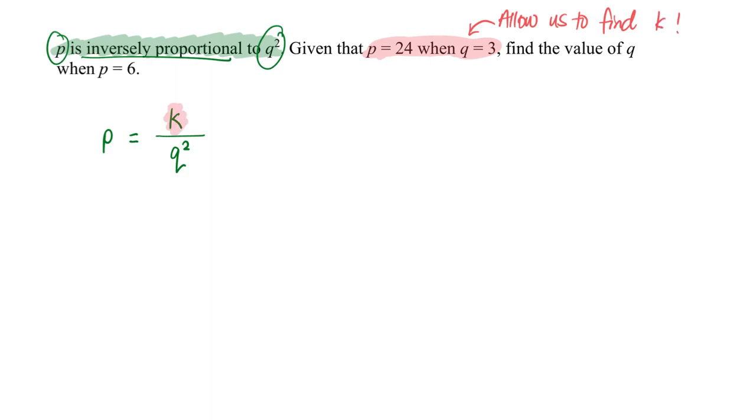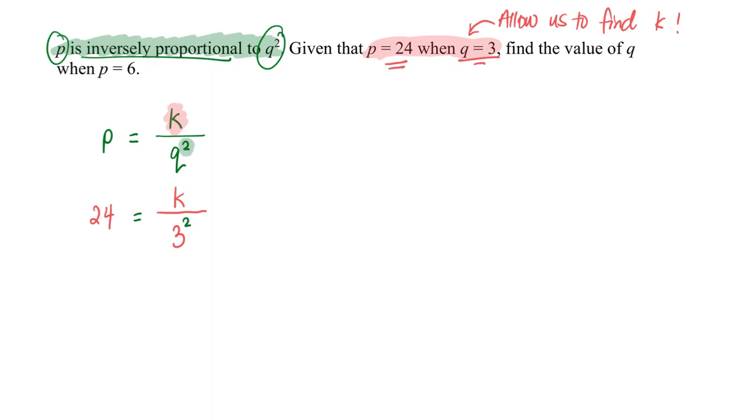How? Well, we substitute the values in. Okay, so now instead of P, I'm going to write as 24. Instead of Q, I'm going to write as 3. But do remember the square.